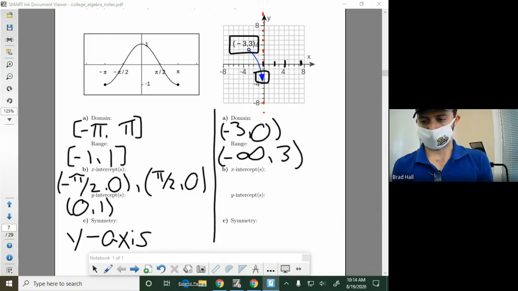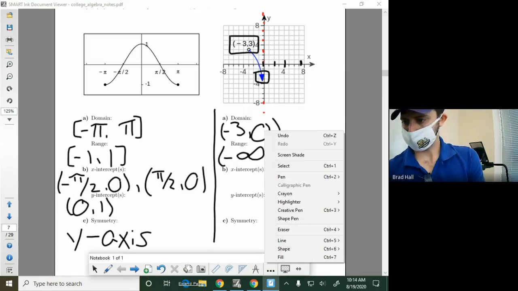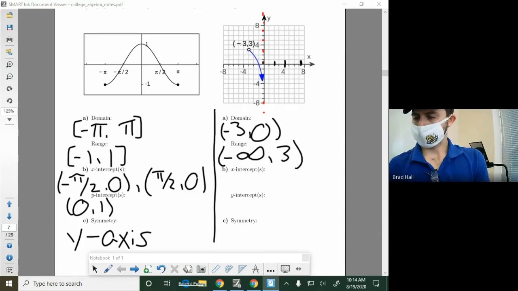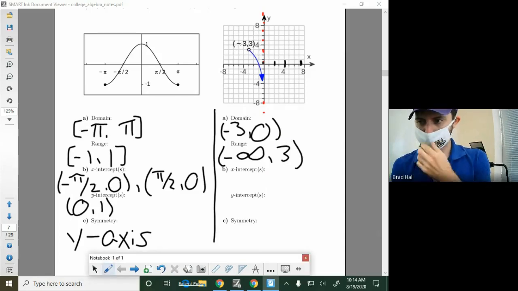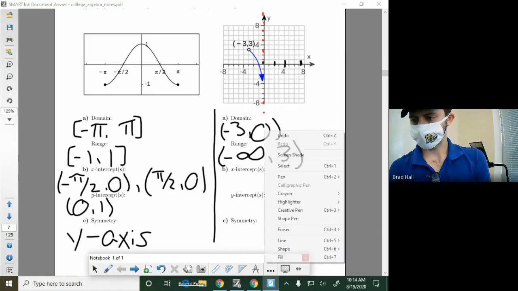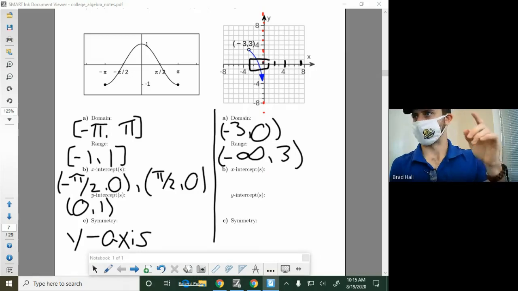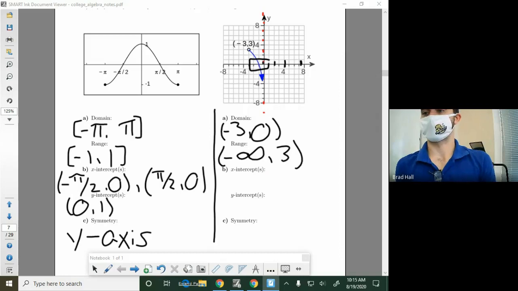For the x-intercept, well, where does this cross the x-axis? Crosses the x-axis right here. You can see where the graph goes right through the x-axis. Or in other words, what is x when y is 0?